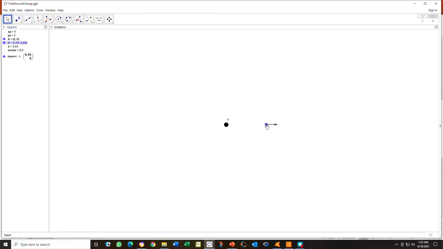Newton's law of gravity says what? The force between two objects, two masses m1 and m2, is F equals G m1 m2 over d squared. G is the gravitational constant, m1 and m2 are the masses of the two bodies, over d squared. That's the key, and d is the distance between the two objects.